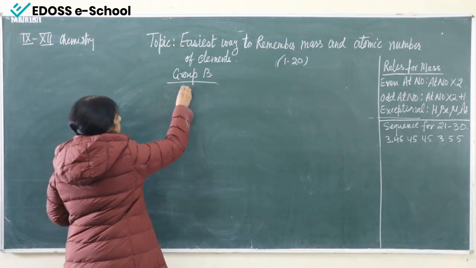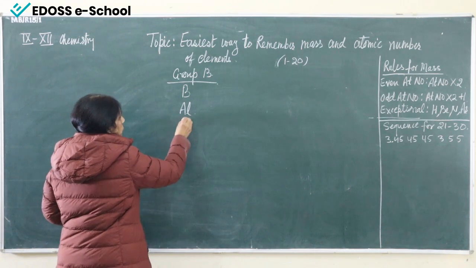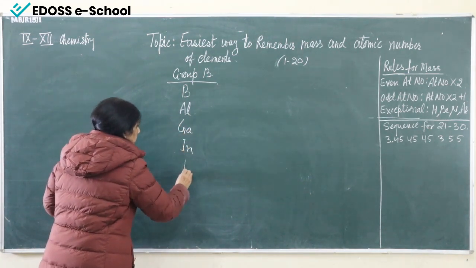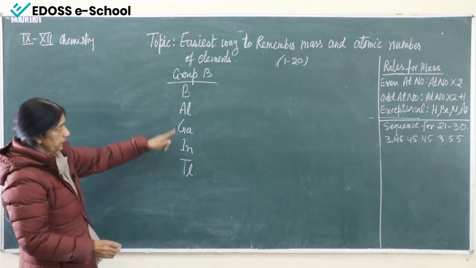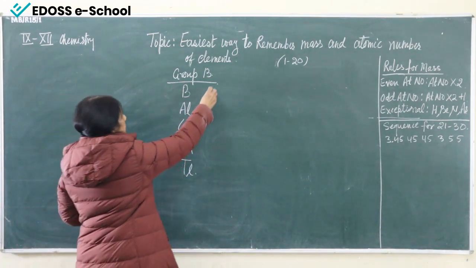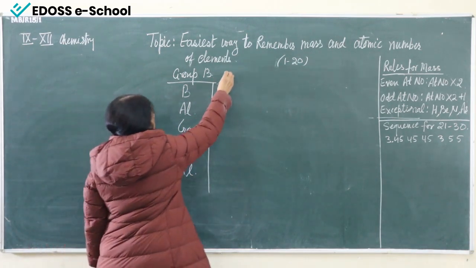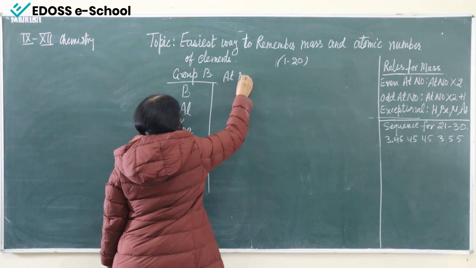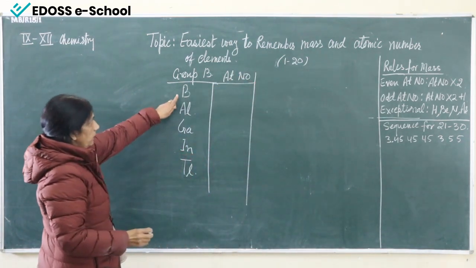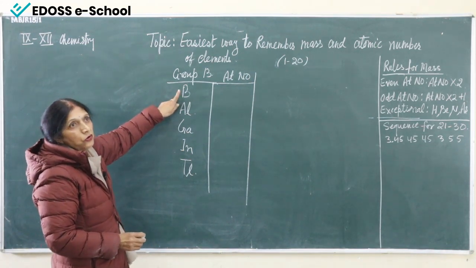So this is baingan, aloo, gajar in thali. This is the name of the symbols of the elements. Now their atomic number, first we have to find. So now we are coming to boron.